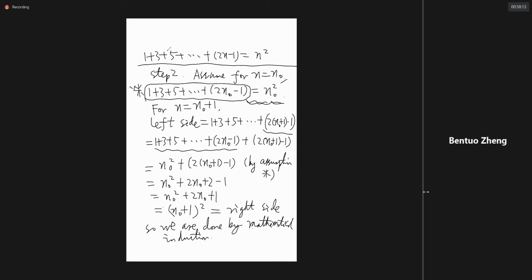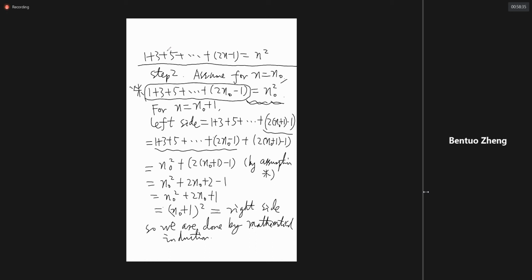So the key for using mathematical induction is to apply the assumption for n equals n0 to compute quantities for n equals n0 plus 1. And what's remaining is the basic algebraic computations.